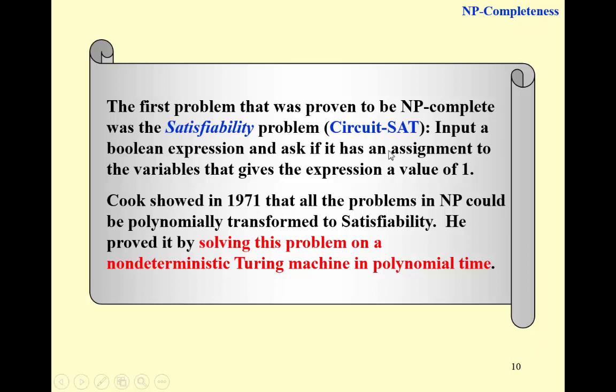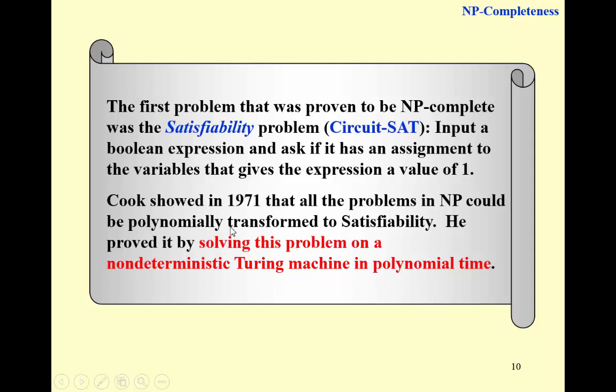It's 2 to the power n, because each variable has 2 possible values. It was proven by Stephen Cook in 1971 that all the problems in NP could be polynomially transformed to satisfiability. And he proved it by solving this problem on a non-deterministic Turing machine in polynomial time.